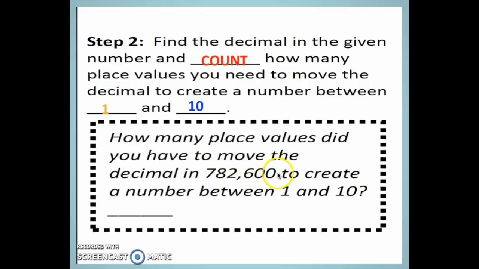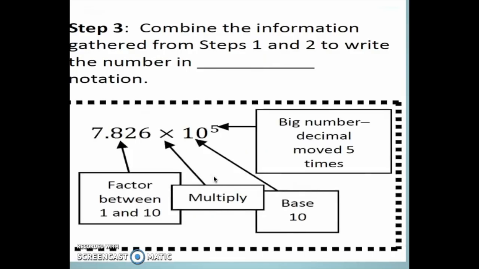So let me just point out right here, the decimal, it's right behind the 0, and we're going to move 1, 2, 3, 4, 5. You're going to move 5 times. We stop because our number is between 1 and 10. So we move 5 places.